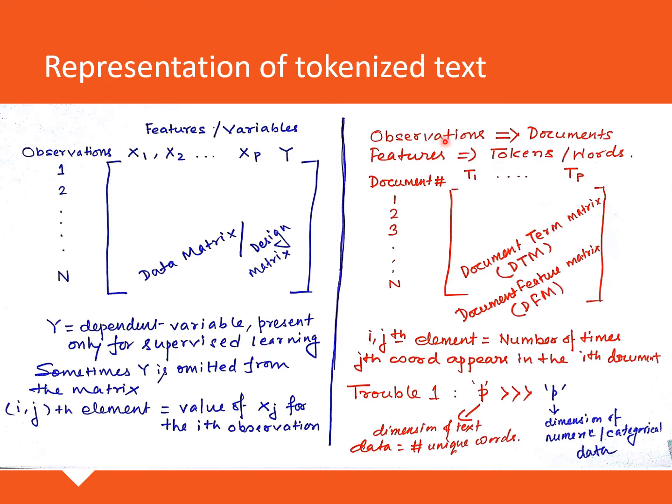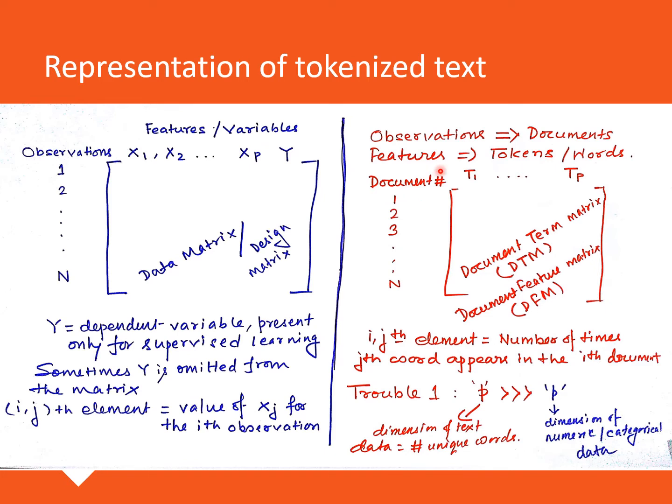So what do we have in text data? We have a collection of words, which we say are the most granular meaningful components. For a moment, assume that in the text data you are handling there are n different documents. Documents here would be observations. So let's say there are n observations and each observation is a text. It can be one sentence or a collection of multiple sentences, whatever the case may be.